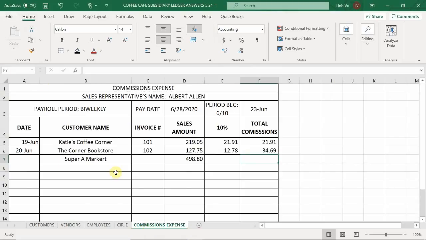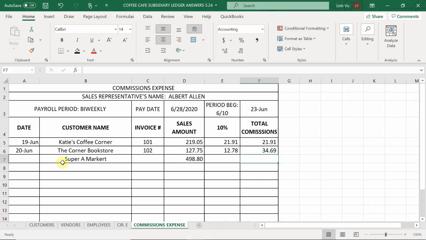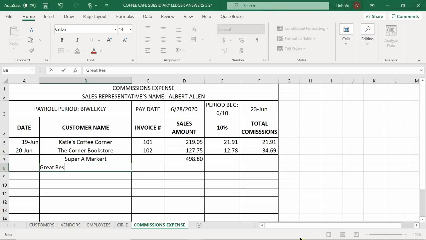Who are we submitting the sales order for? Great restaurant. And you don't put the date until you receive the payment, correct? In this case, not receive payment, but when you actually deliver, because right now, I haven't billed him yet. I haven't delivered to them yet. So in this case, no, we don't do that because right now it's just a potential sale.